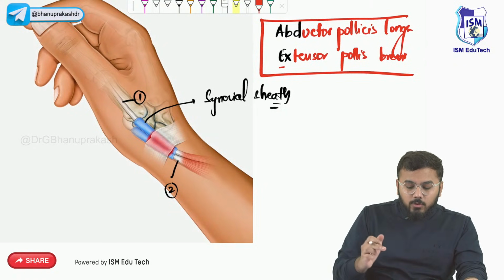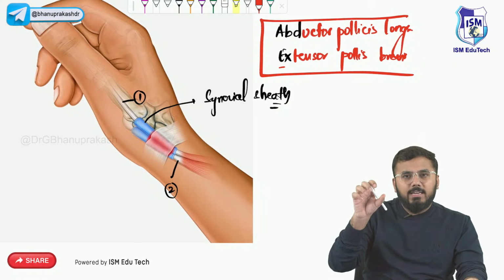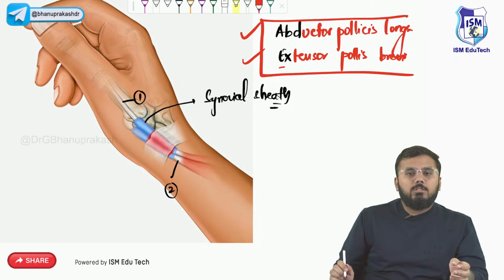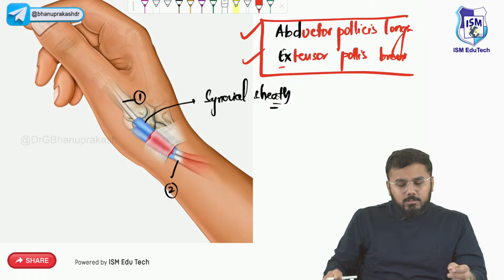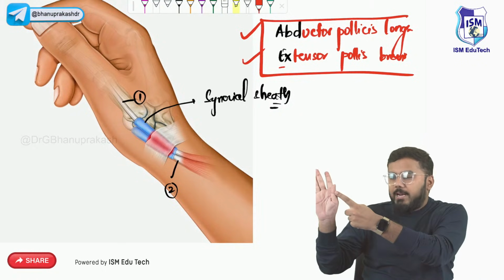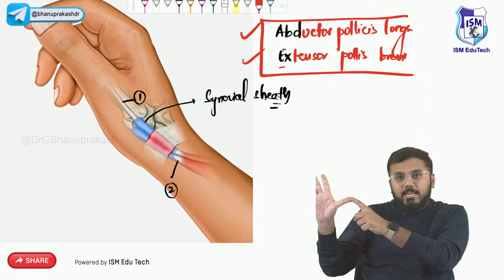So if the synovial sheath is inflamed and swollen, it will compress these two tendons. If it is compressing these two tendons, the patient cannot abduct his thumb, he cannot extend his thumb.